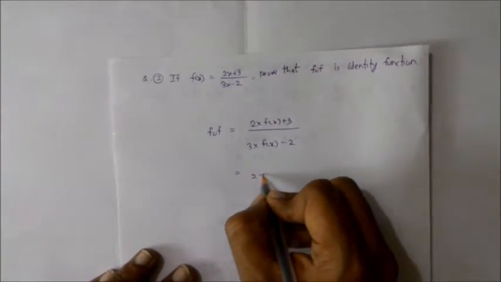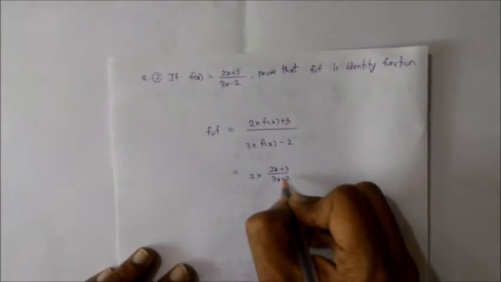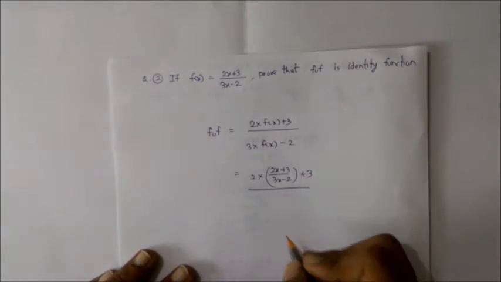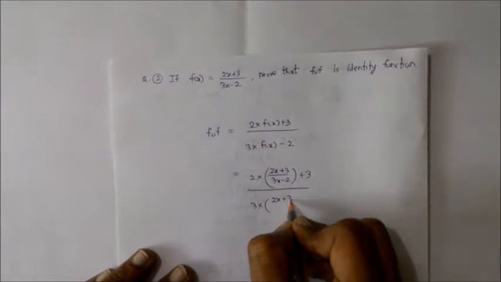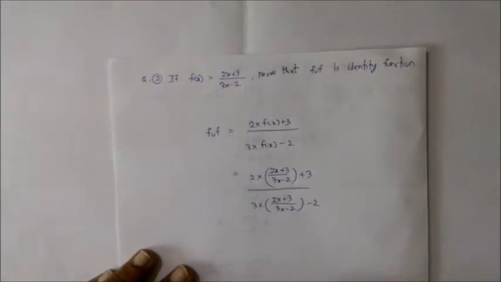This will be 2 into (2x plus 3) upon (3x minus 2) plus 3, divided by 3 into (2x plus 3) upon (3x minus 2) minus 2.